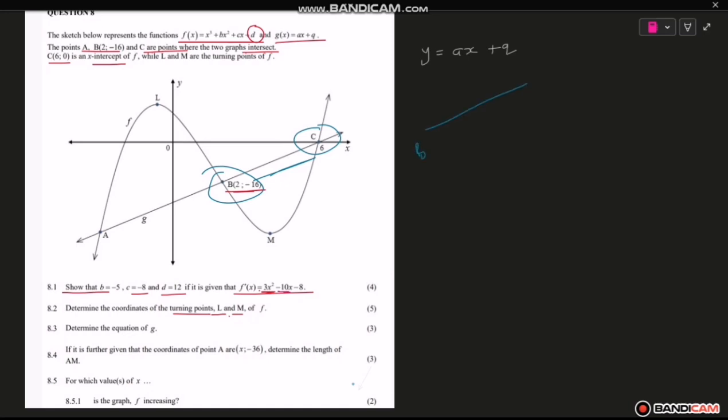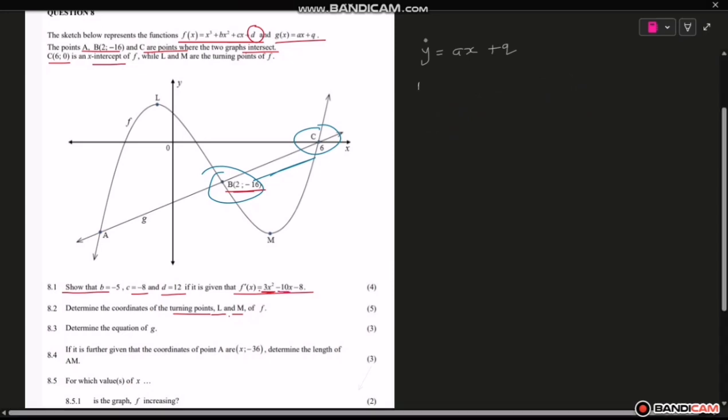And you know that line segment BC and line AB are collinear points, meaning they have the same gradient, meaning we can use the gradient of BC as the gradient of G. I'm not sure if you understand that, by using what? The gradient formula from analytical geometry. Okay, let's just do that, meaning we calculate the gradient of BC. I hope you understand that.